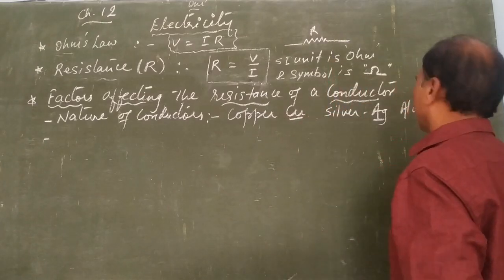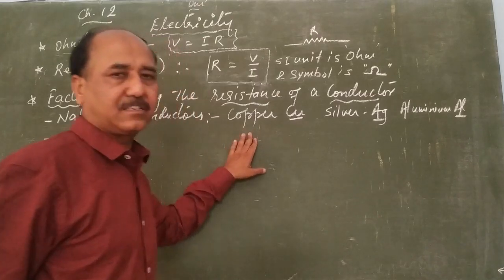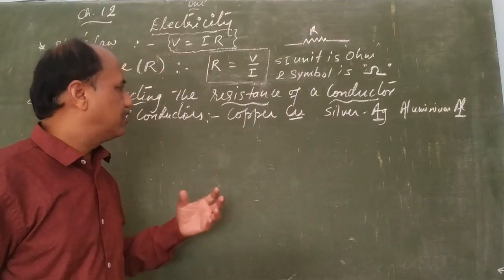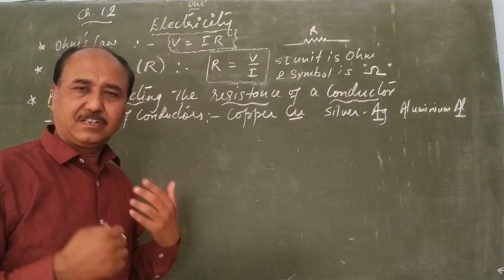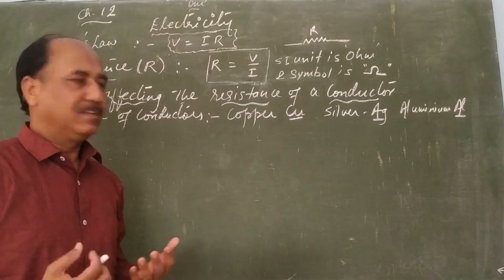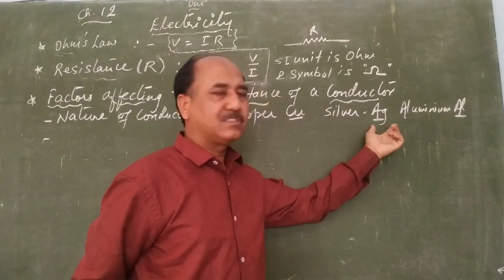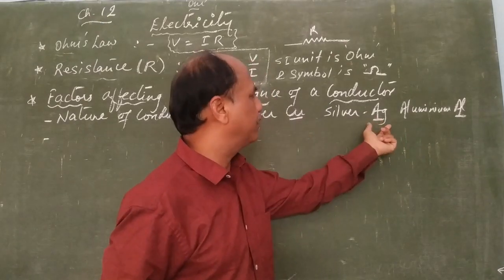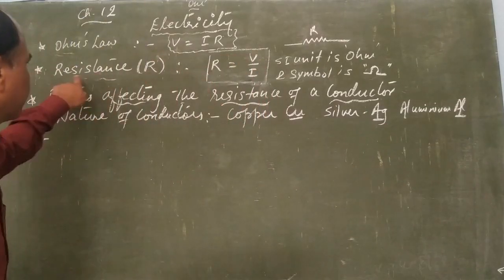So these are the different types of conductors. Since these conductors are of different nature, their properties are different, that is, physical and chemical properties are different. If I talk about silver, silver is one of the best conductors. The best conductor means it offers the least resistance.